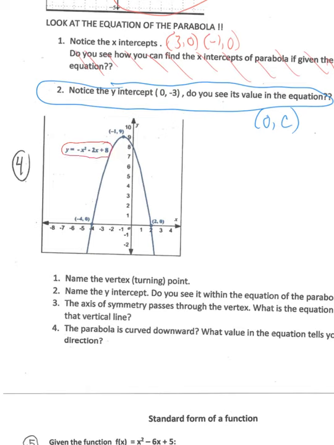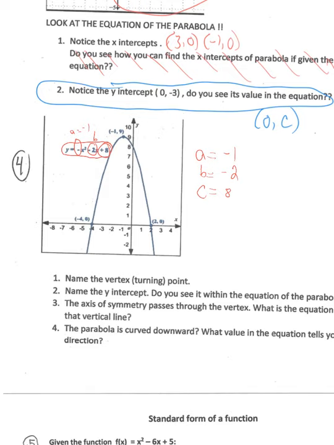Just for practice, the a, b, and c are important to recognize. The a is -1. The b is -2. And the c is +8. We want to know that if we had to calculate it.